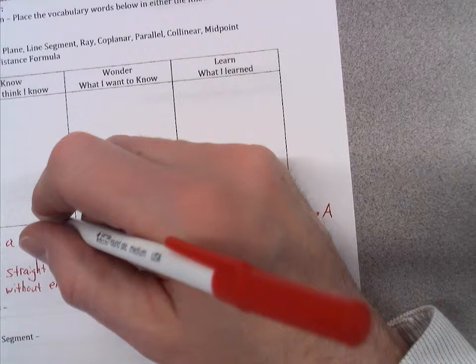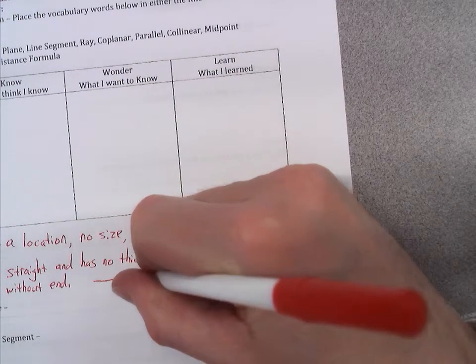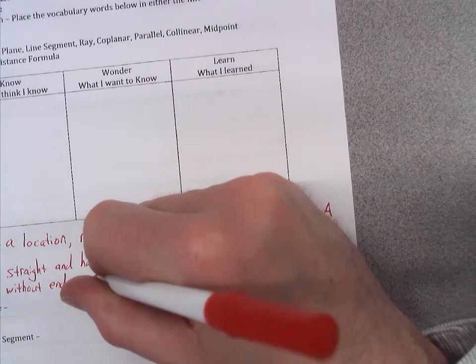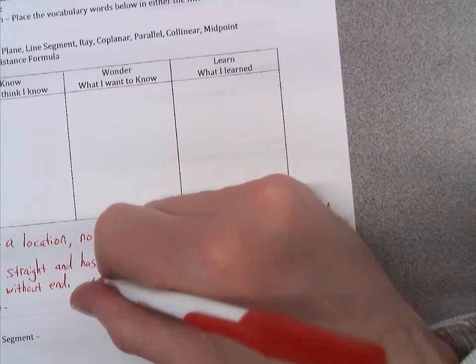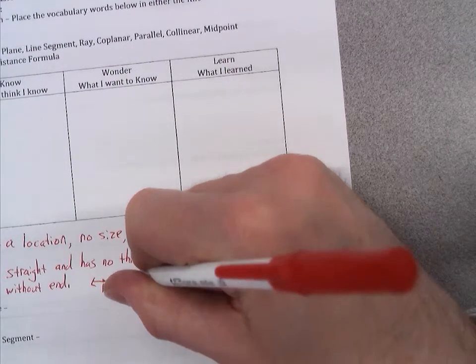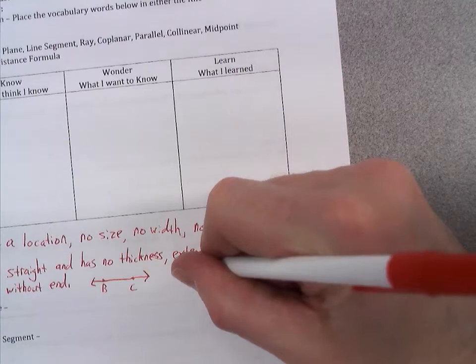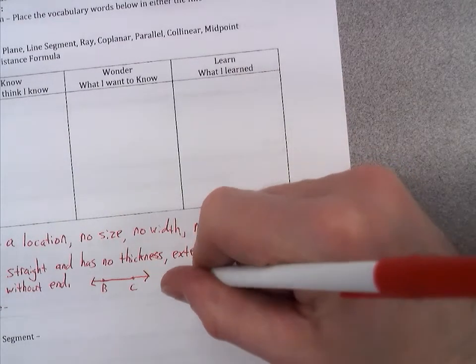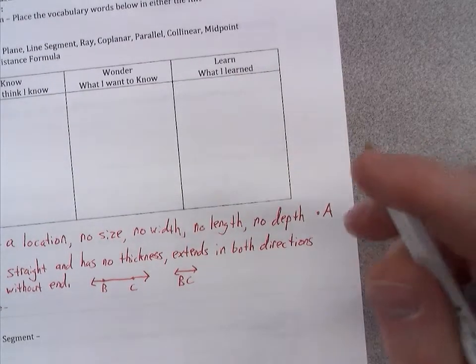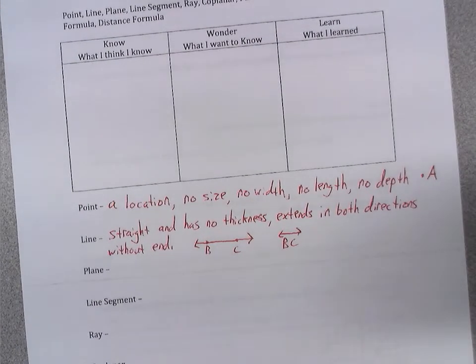Okay, so we could have, for example, this line here, and suppose we've got a couple points on it, point B, point C, so we would call this line BC, would be its name. Okay, so again, a line is straight and has no thickness, extends in both directions without end.